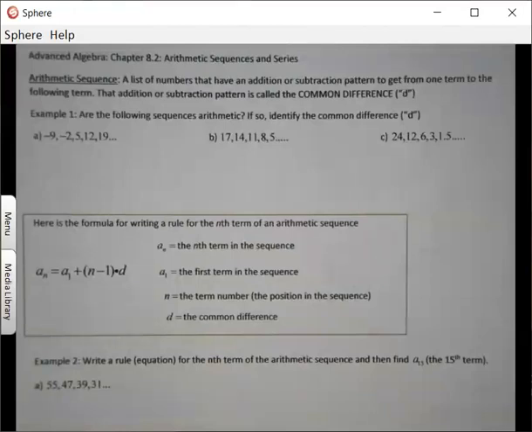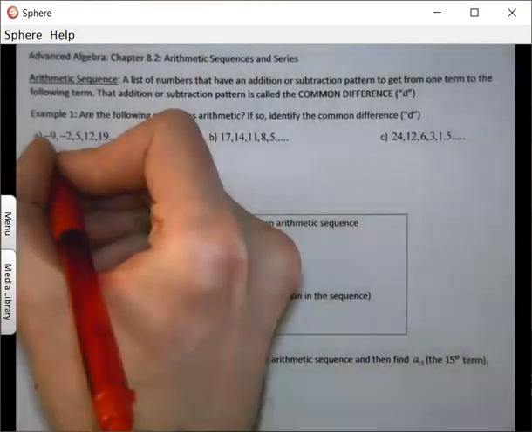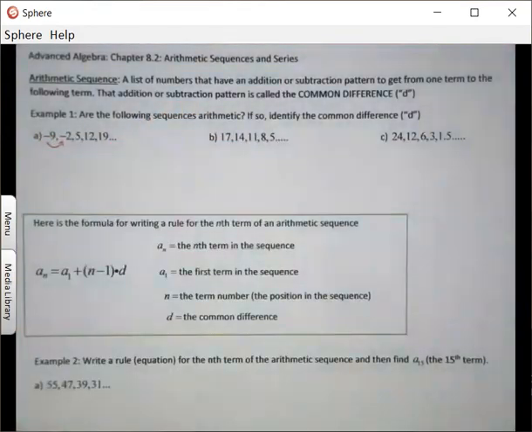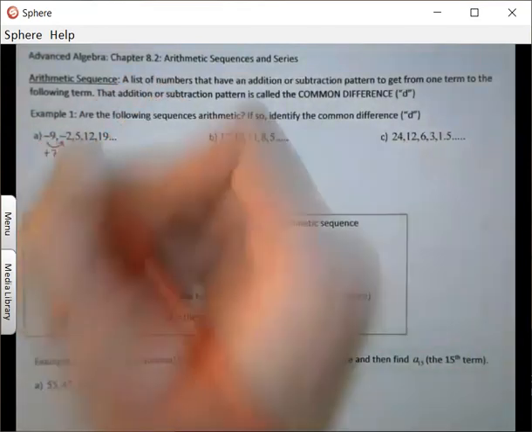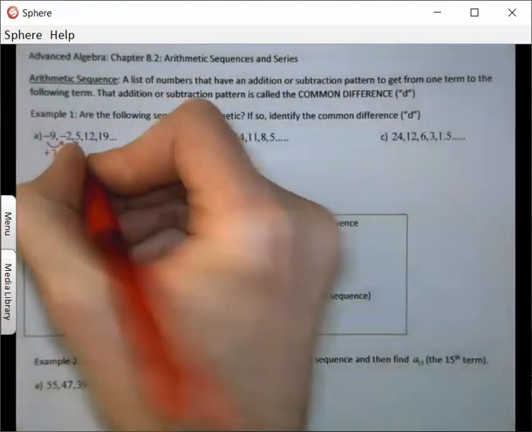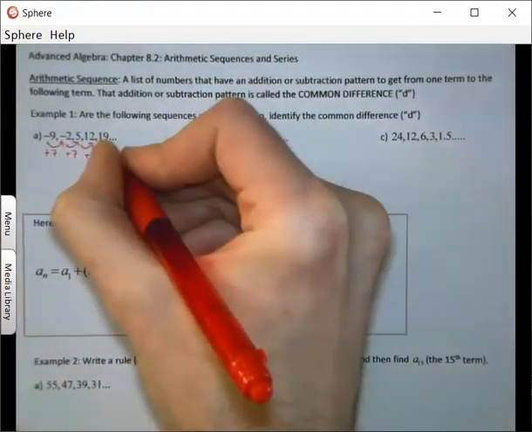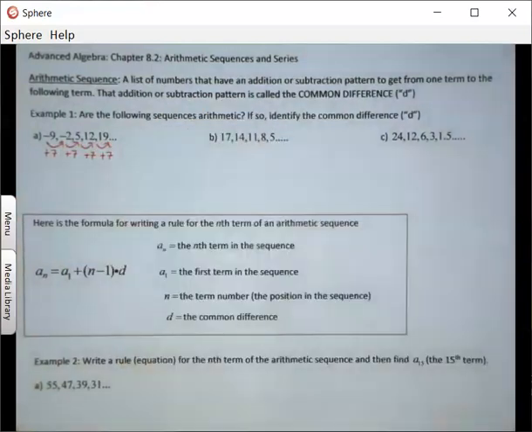So example 1, we want to identify if the list is arithmetic. If it is, then we'll write down what the common difference is. So for A, we start with -9. To get to the next value, -9 plus 7 would be -2. -2 plus 7 is 5. 5 plus 7 is 12, and 12 plus 7 is 19.